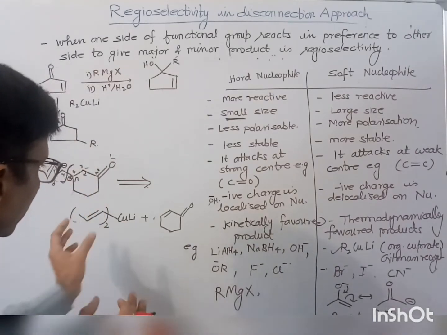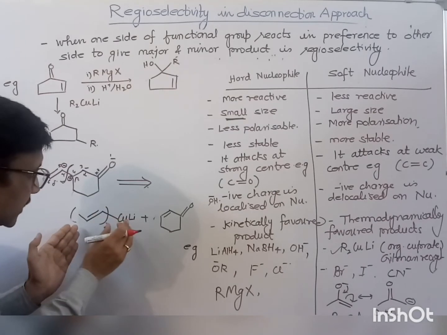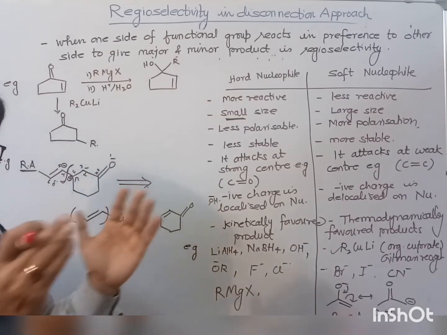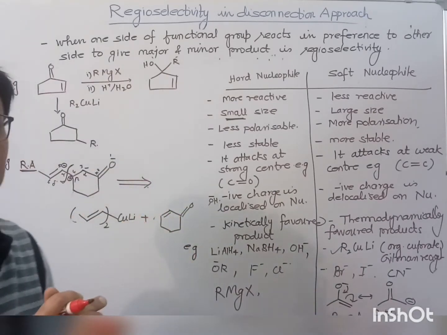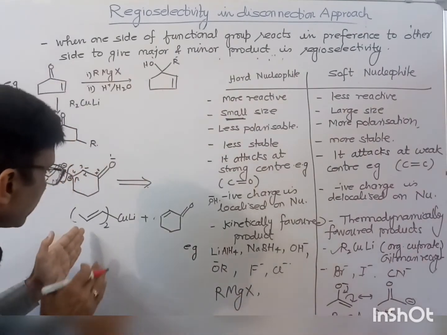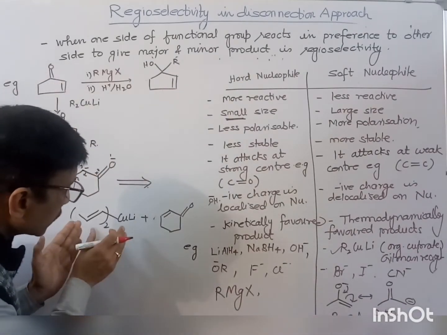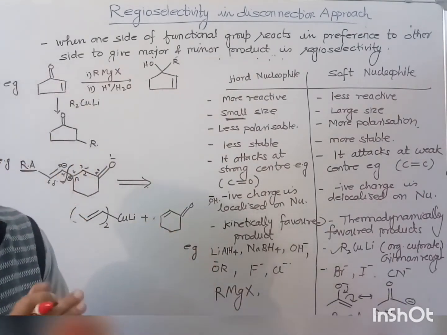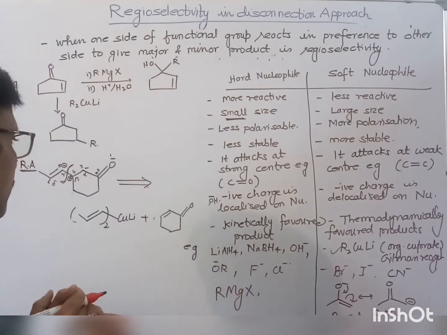So it is a soft interaction: the allyl anion will interact with this copper. Both are soft interactions by the HSAB principle. So that's why we should write the organocuprate, not an RMgX type of reagent.